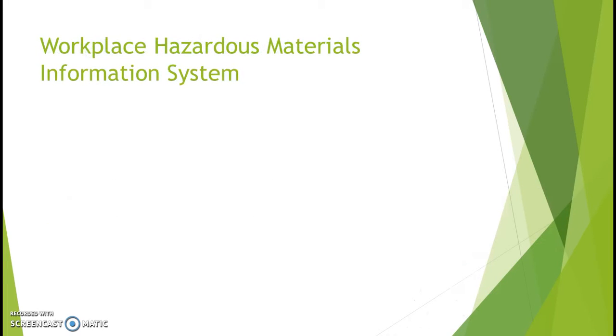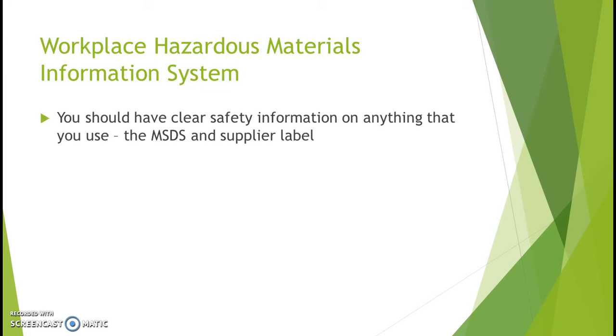You have information available to you about the materials that you use in the classroom and in any workplace. The Workplace Hazardous Materials Information System is designed to properly label hazardous materials and to give you access to detailed information through material safety data sheets.